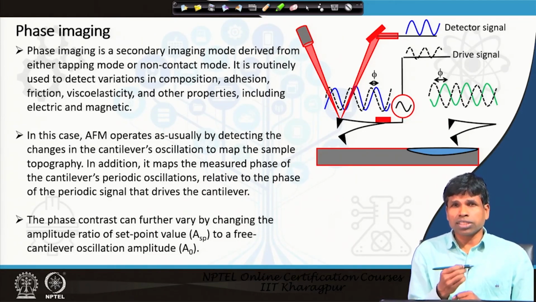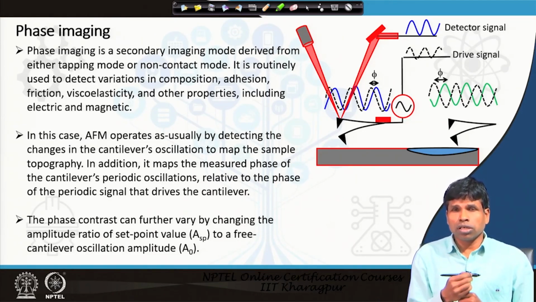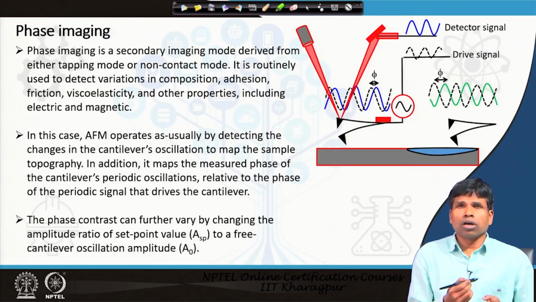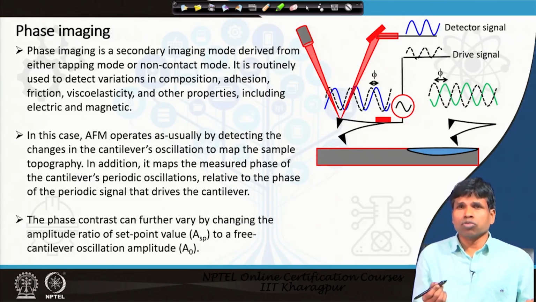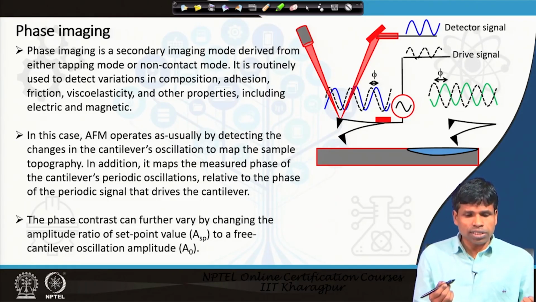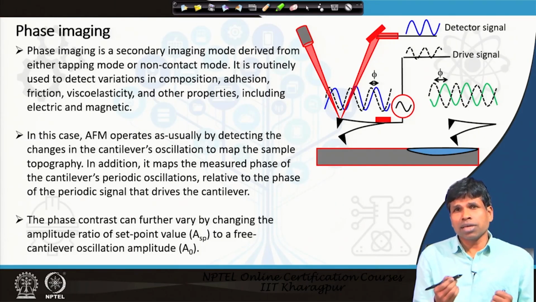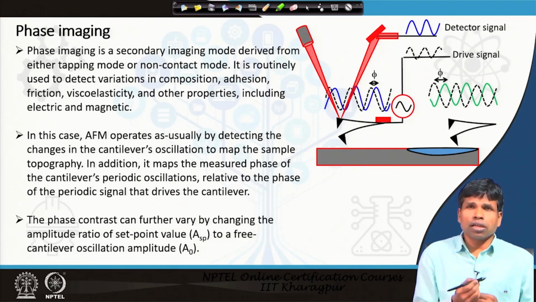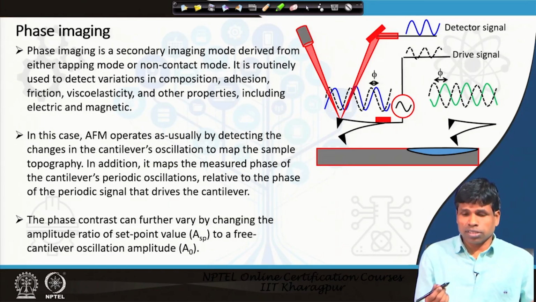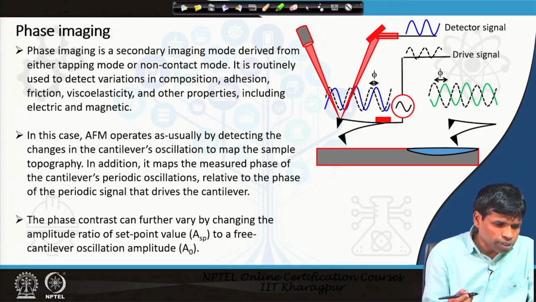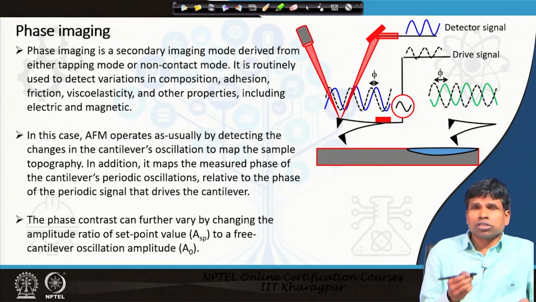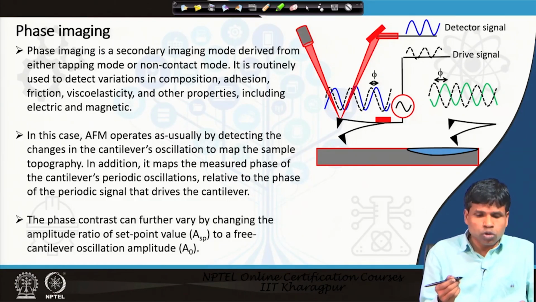By measuring the phase shifts, we can know whether there is a different kind of sample on the surface or it is uniform everywhere. From those phase shift values, we can create an image of different contrast. So, the phase shift produces a phase image that you will see here.